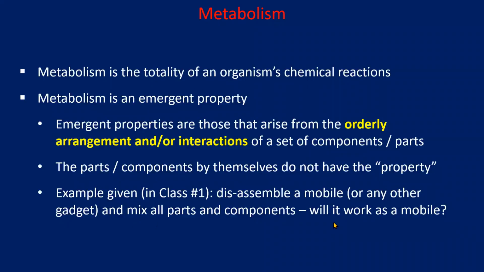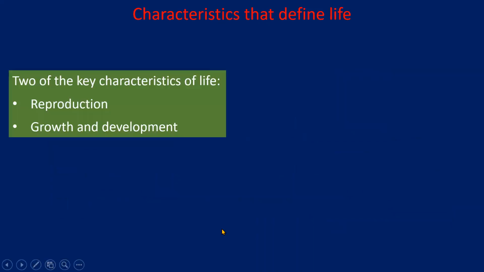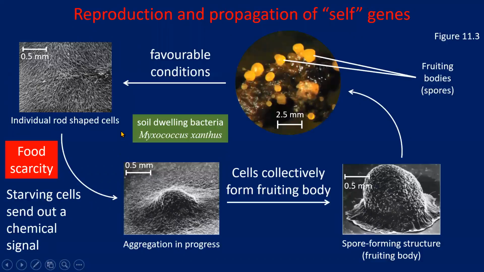There are many things over here. Now again, in the first class we talked about a few characteristics of life, and two prominent characteristics were reproduction, and growth and development. So when we think about reproduction and growth and development, one can think of reproduction as the fundamental driving force for the organism.